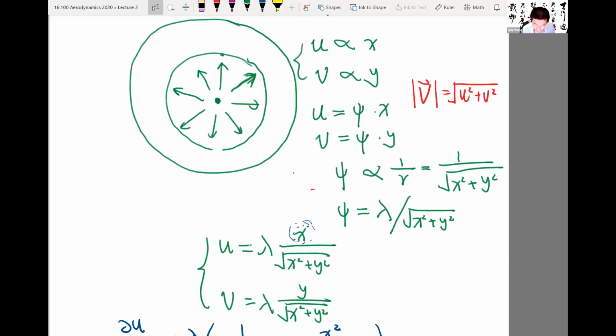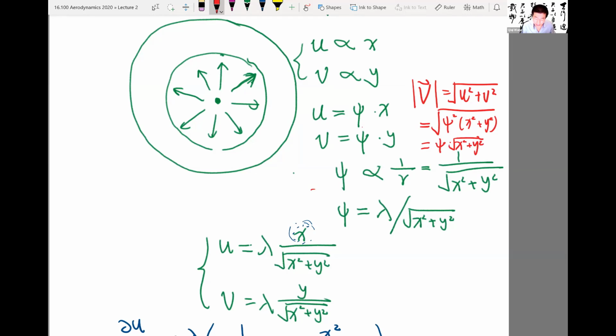And if you plug in psi times x and psi times y, what we get is square root of psi squared times x squared plus y squared. So if you factor it out, it's equal to psi times the square root of x squared plus y squared.